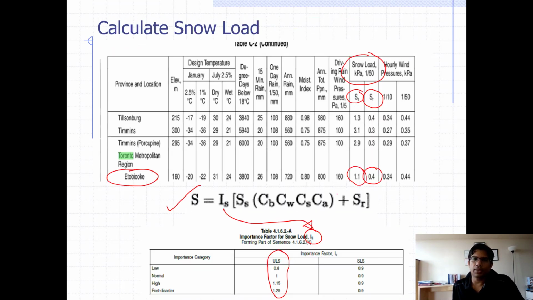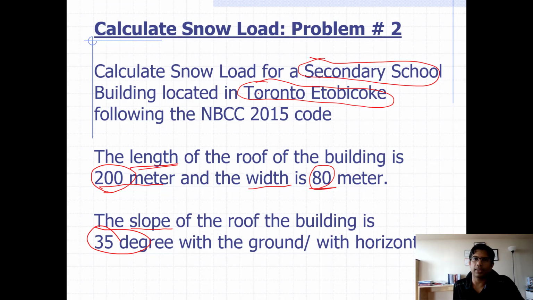Second, we need to use the table for the importance factor, but for that we need to know the category of the building. Our building is a Toronto secondary school.